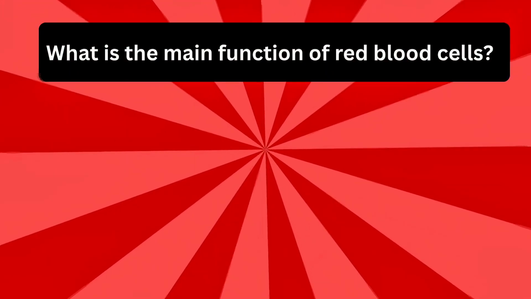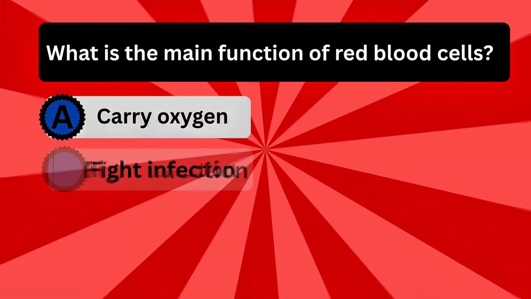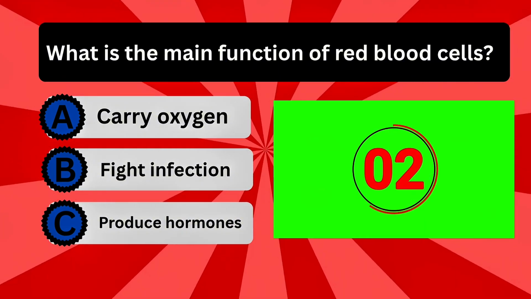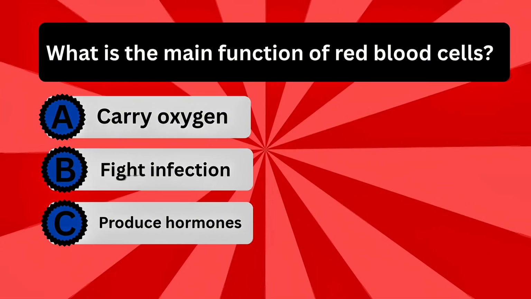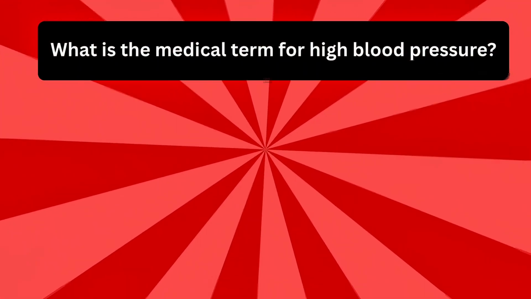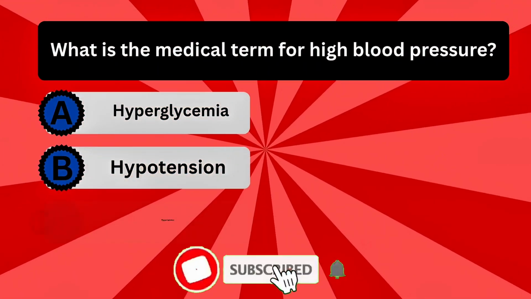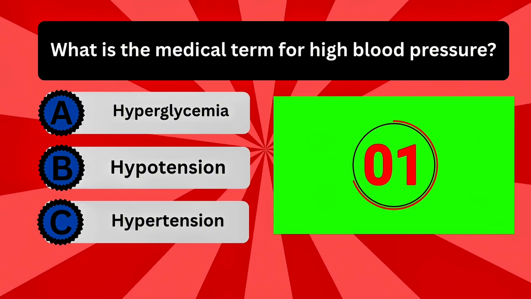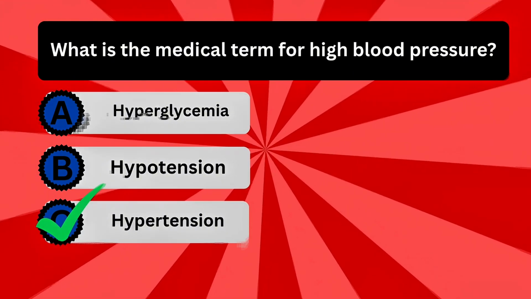What is the main function of red blood cells? Answer A, carry oxygen. What is the medical term for high blood pressure? Answer C, hypertension.